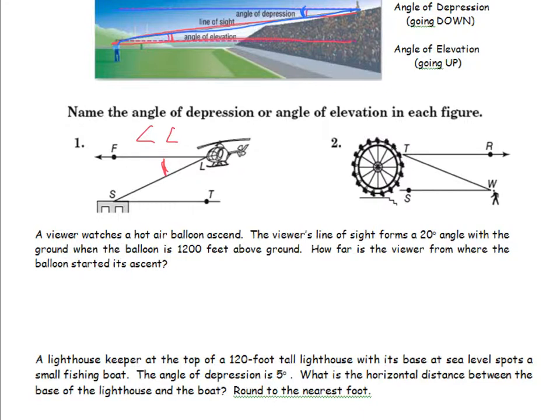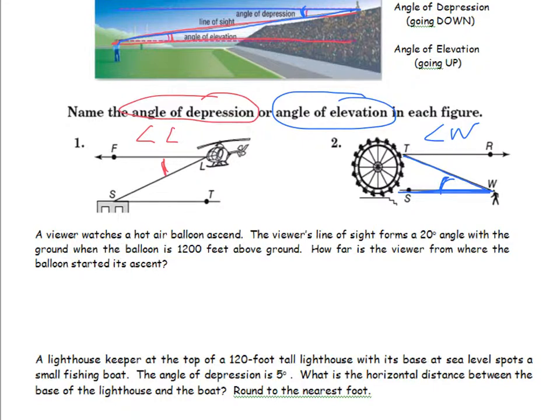And in that case, it would be an angle of depression. On the other side, we have someone standing looking at the Ferris wheel. There is the horizontal line. They're looking above that horizontal line, creating this angle, which is angle W, and that one is an angle of elevation.